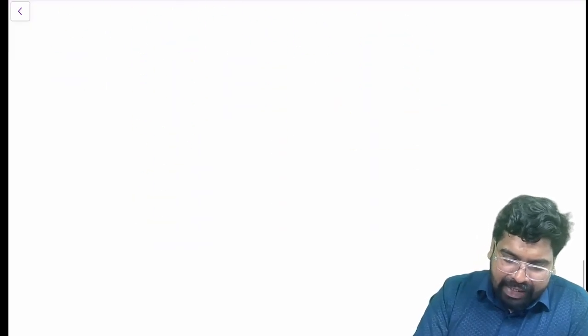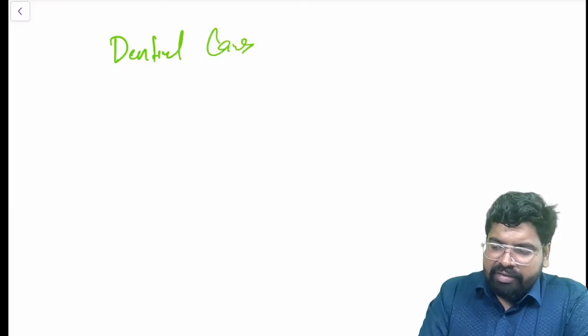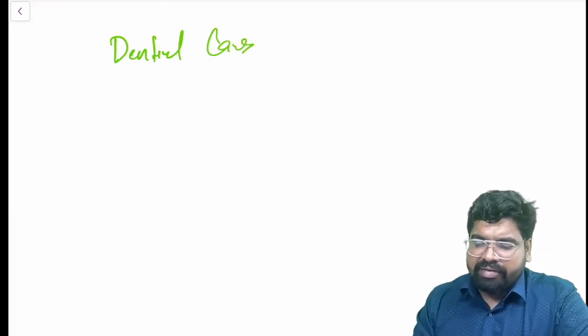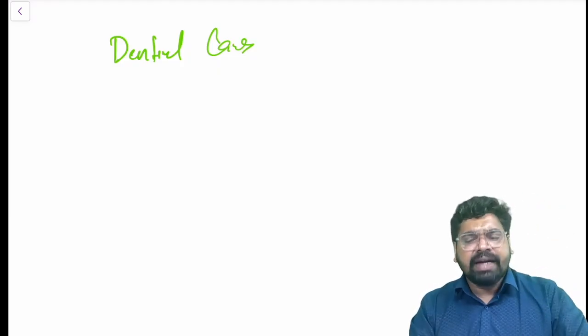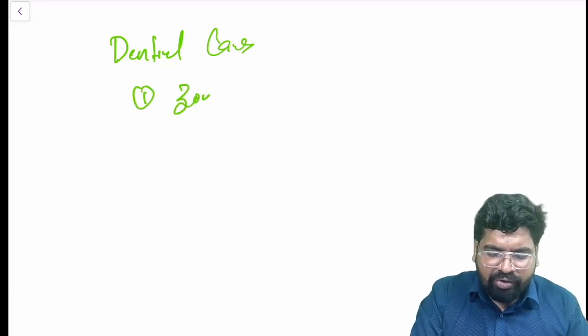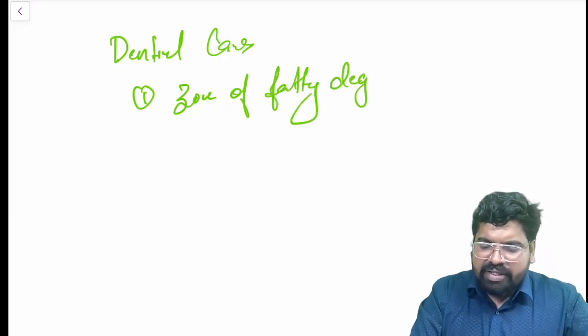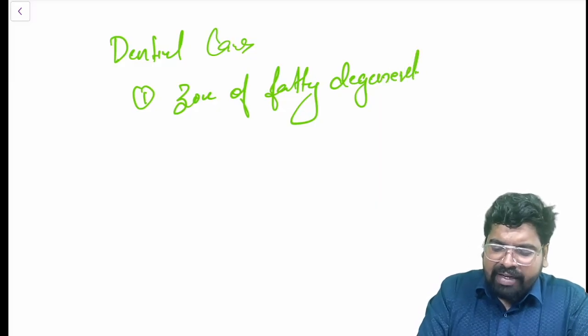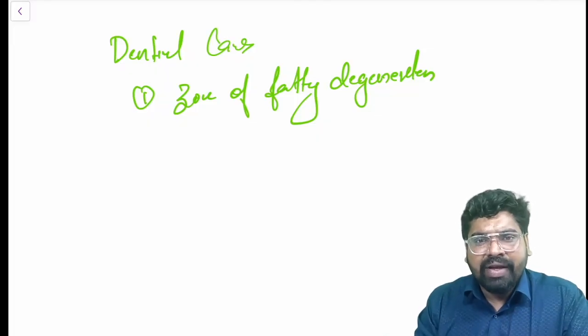And what about dentinal caries? In dentinal caries, there are certain zones. The first zone is called the zone of fatty degeneration, a place where the dentinal tubules show fatty changes.